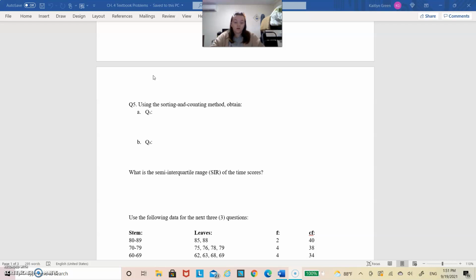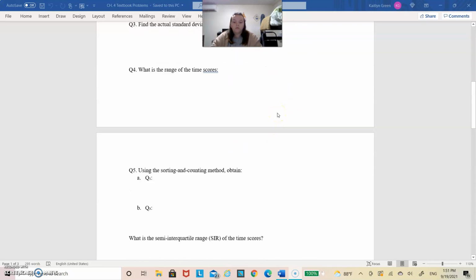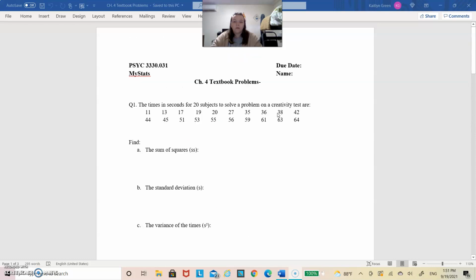So I ended up getting 21 divided by 4, which gave us 5.25. Next, I then had to find the value, and so we went back up here and found that the 5th value is going to be 20, and then we have to have the 6th value as well, and that is 27.